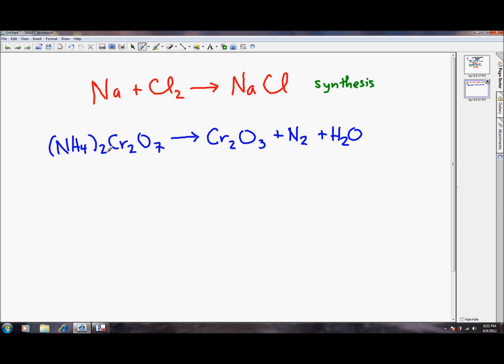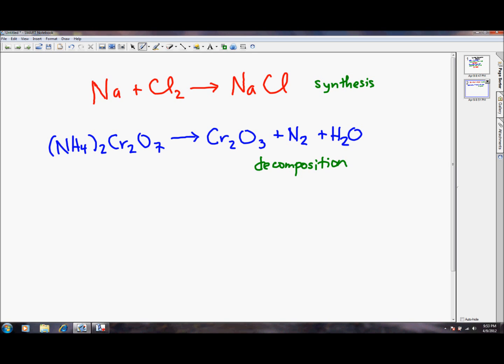Okay, so one reactant breaks apart into three separate and simpler products. So this is a decomposition reaction.